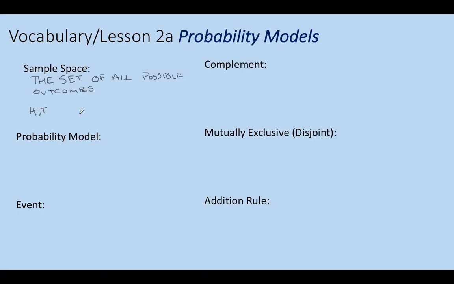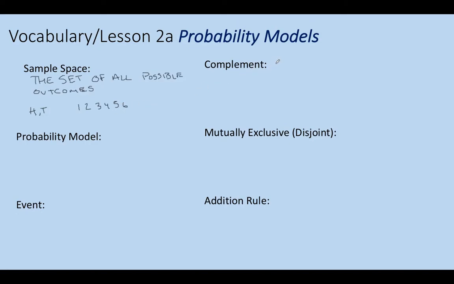And there I would have listed my entire sample space. If I was rolling a dice, my sample space would be 1, 2, 3, 4, 5, 6, and that would be all of my possible outcomes. And so it can be pretty simple, or it can actually be rather large if I have a large sample space.